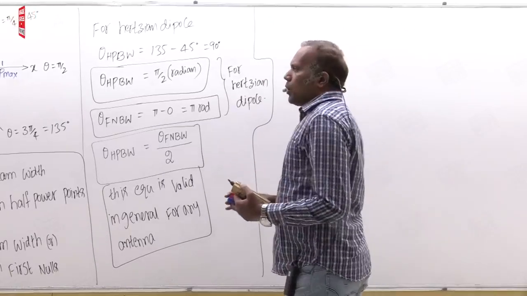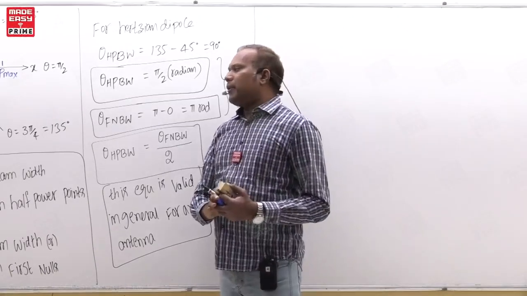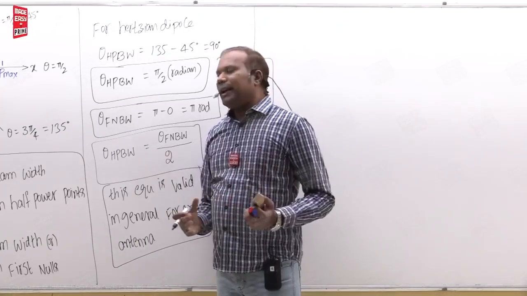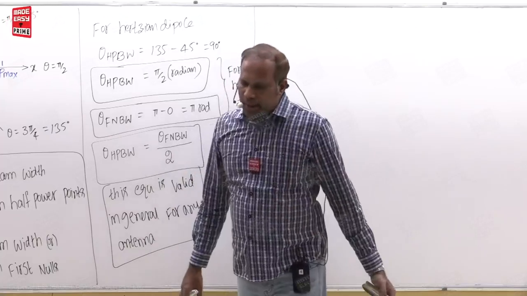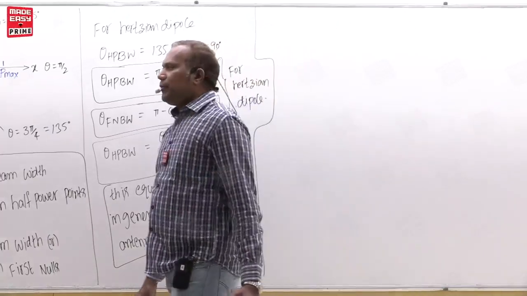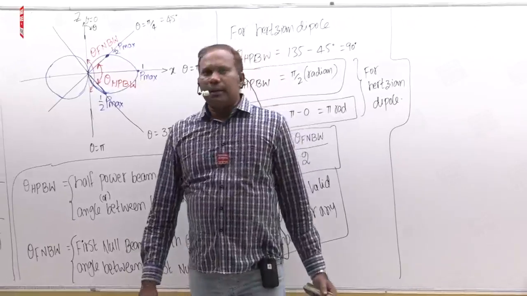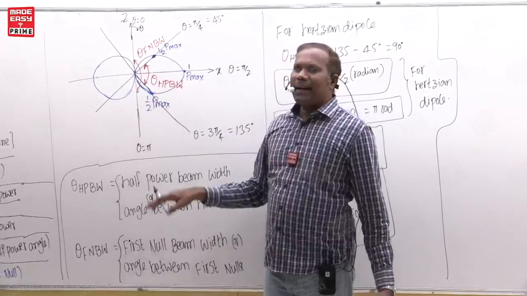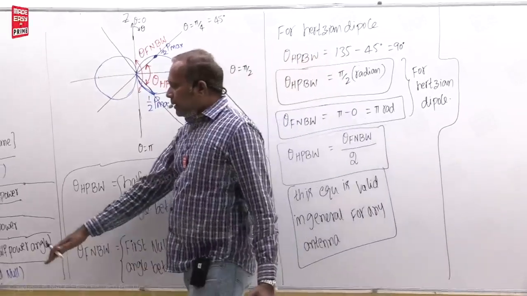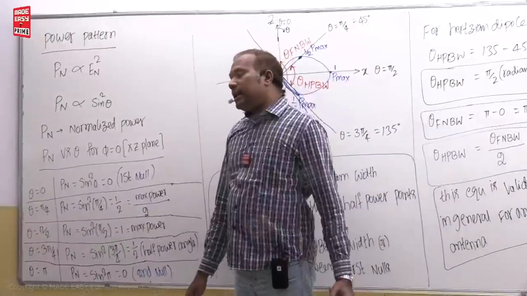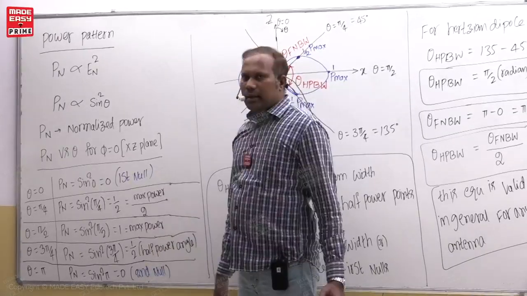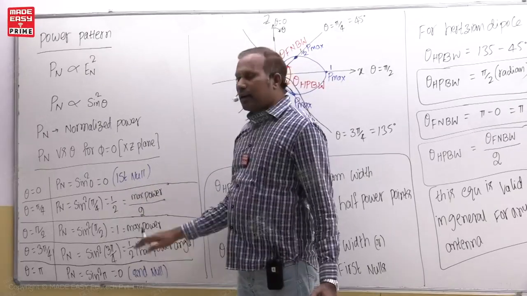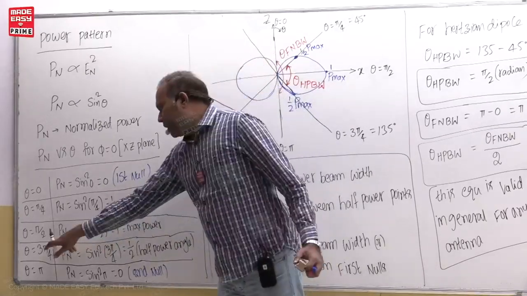Now actually, what is the procedure to find the first null beam width and half power beam width for any antenna? You have to find the electric field equation. Then take the square of the electric field, then normalize that, then you get normalized power. Then no need to draw the diagrams. Simply make this table. You see at which angle the highest power is there. Then at some other two angles you will have half of that power. Then take the difference between them.